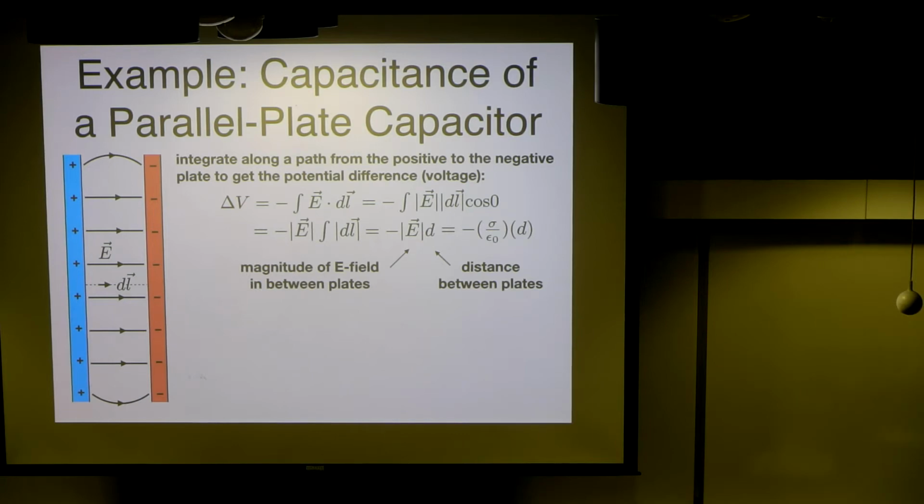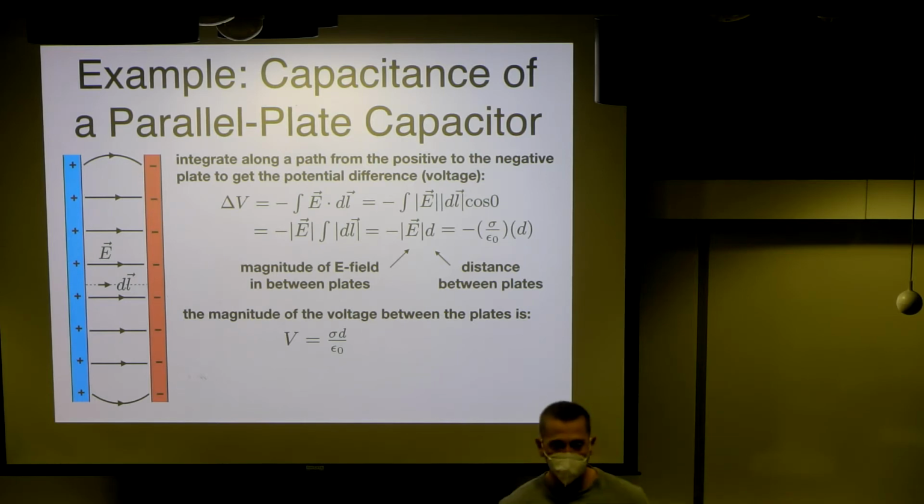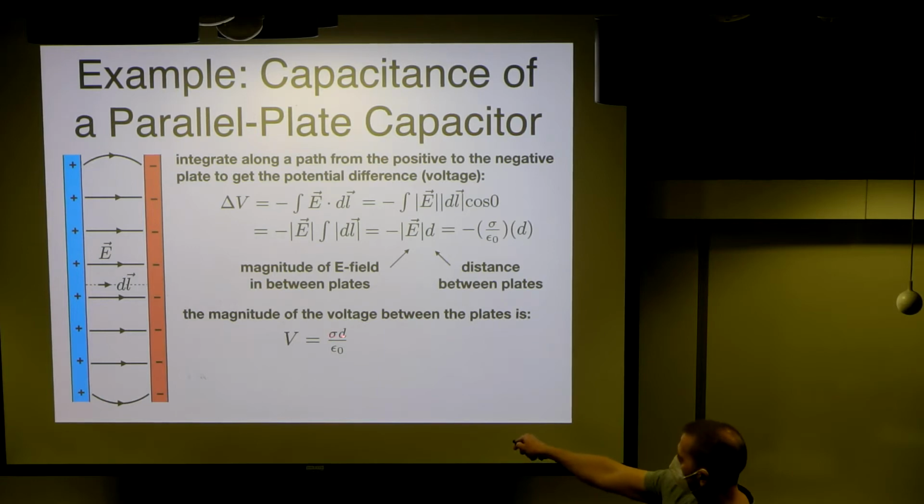If we're just interested in the magnitude of the voltage, and that's the case, we don't care about the sign when we apply the definition of capacitance. So I'm just going to get rid of that negative sign. Think absolute value here. So we have sigma d over epsilon naught.